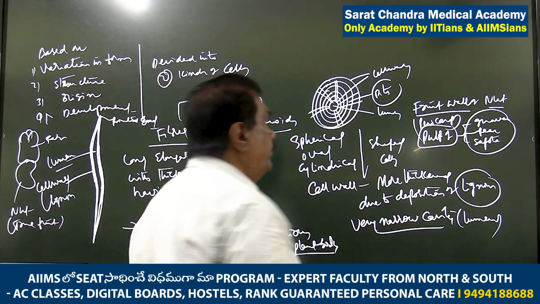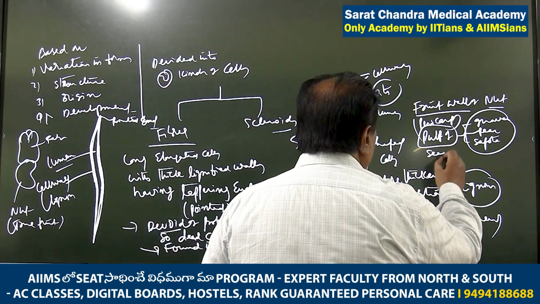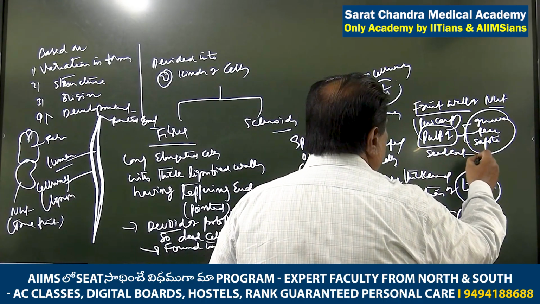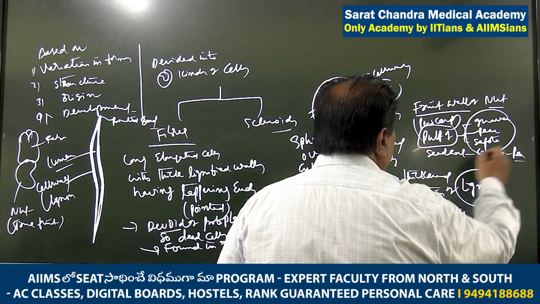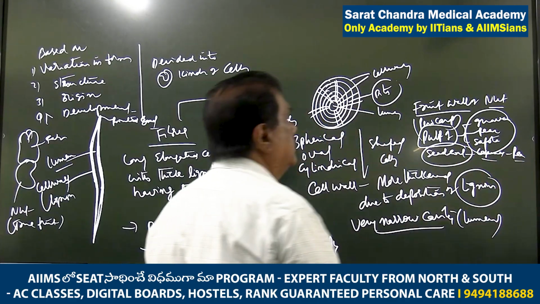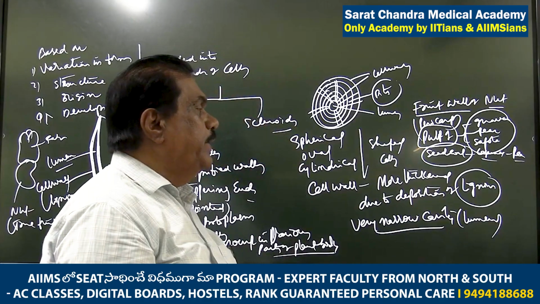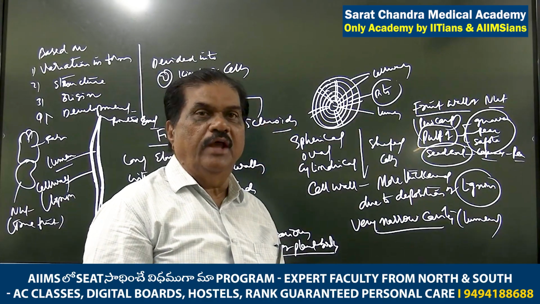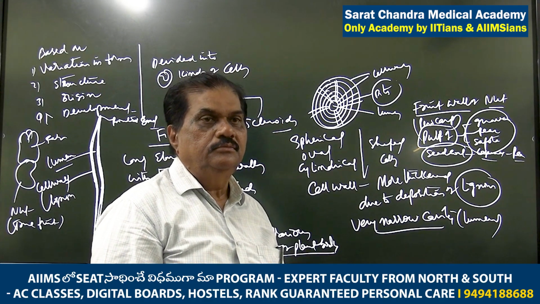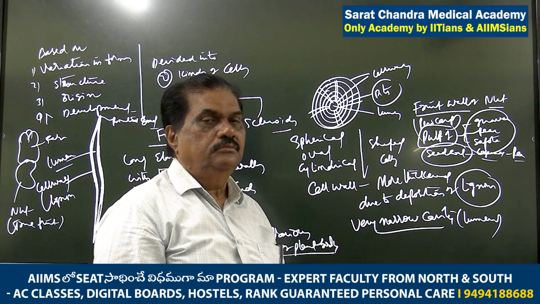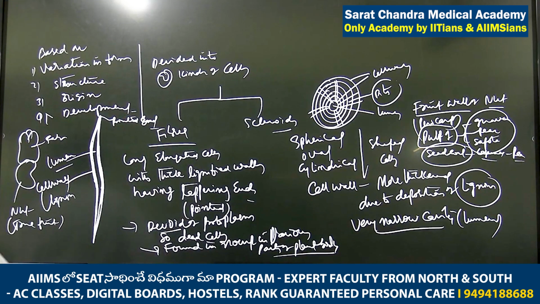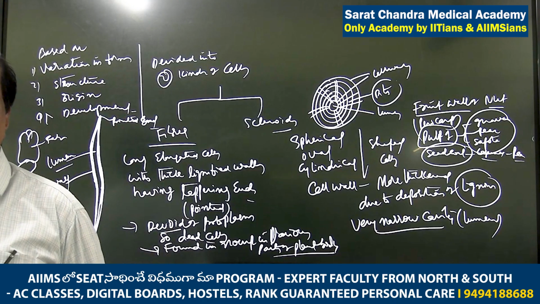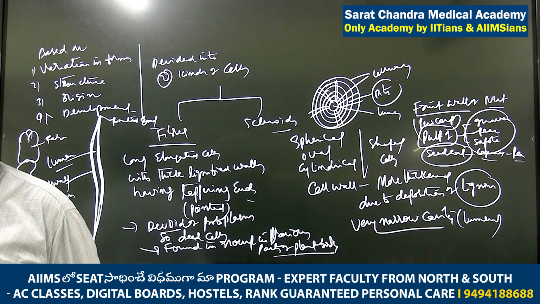Sclereids are also present in the seed coat, in legume plants, that is, in pea plant and bean plant. The seed coat of legume plants like pea and bean also has sclereids. In pea and bean plants, the seeds undergo dormancy.